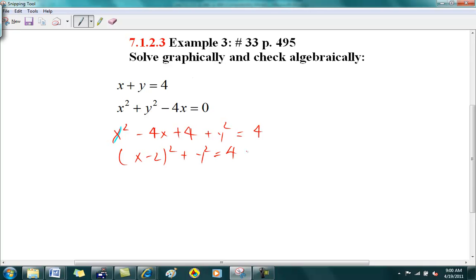So this is a circle, center (2, 0), radius 2. So I need to graph that, and it's going to be kind of winging it here.